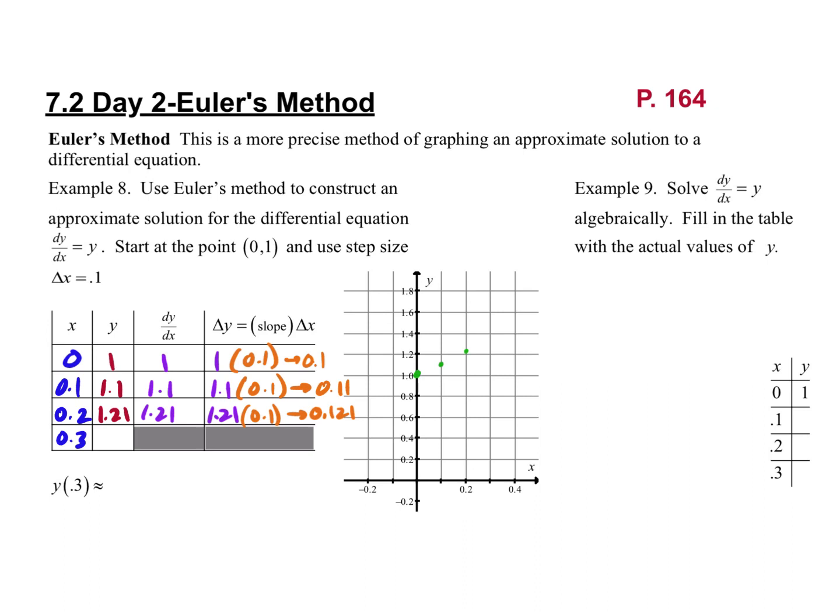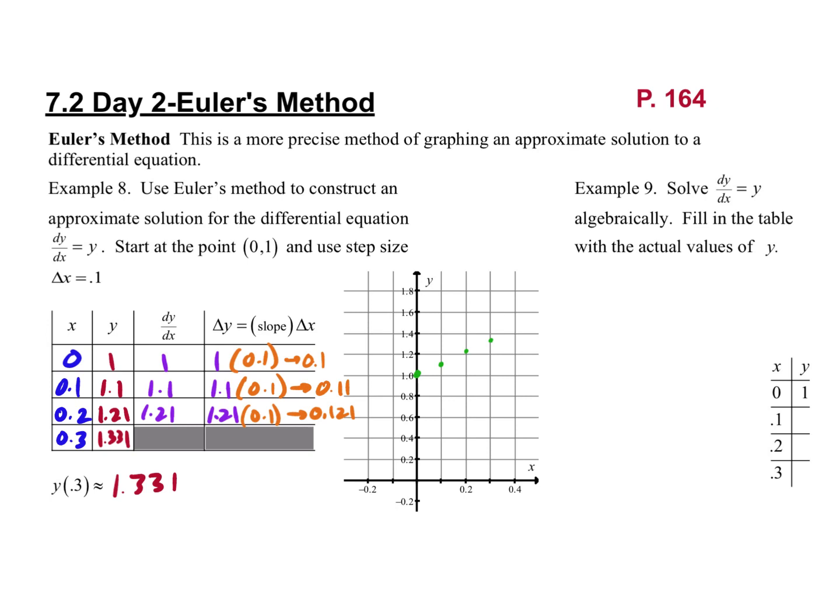Now, I understand that on the AP exam, calculations like this don't necessarily have to be worked out. You should work them out when you're doing a problem like this, because we want to make sure that our number seems accurate, okay? So there's how much my y increases by, and now we're done.